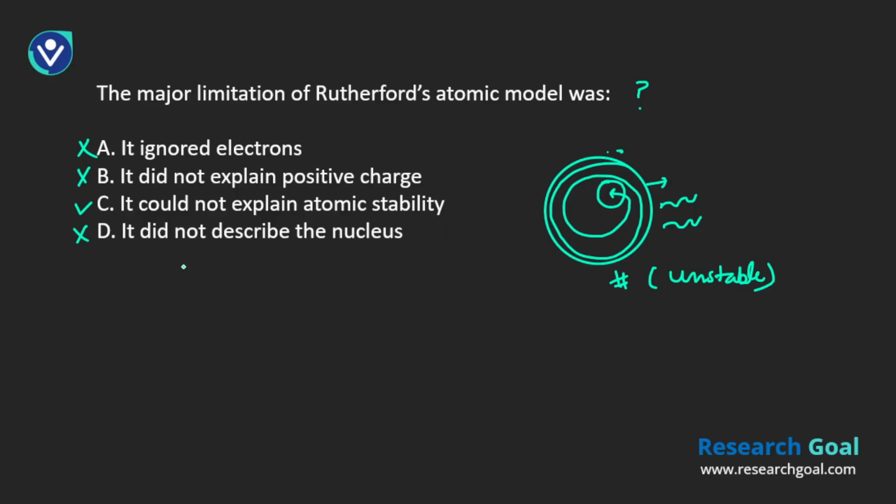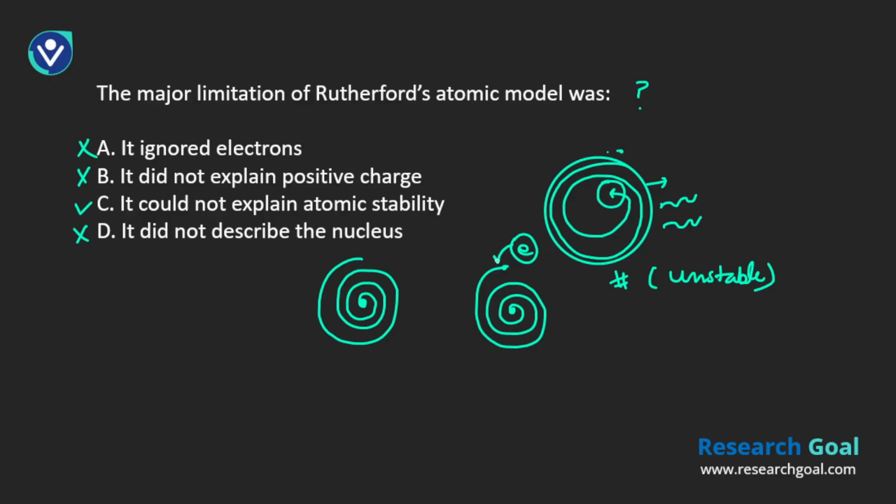Sometimes you are able to understand now, but you will forget. But hopefully you will not forget this particular model. Just remember this was the limitation: why the negatively charged electron is not losing energy in the form of radiation and eventually falling inside the nucleus. All right, let's move on to the next one.